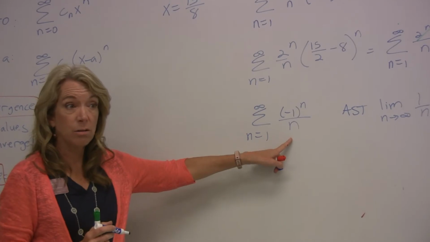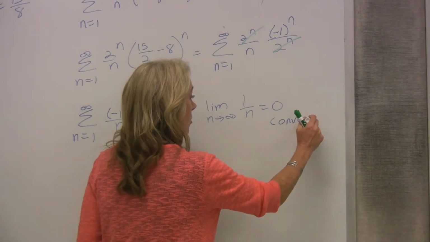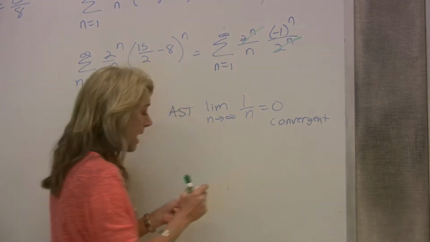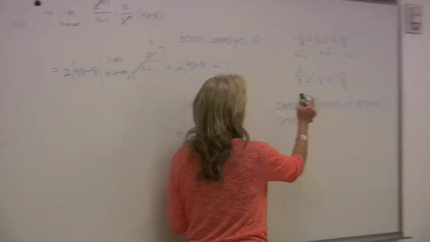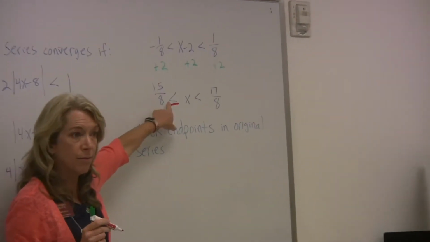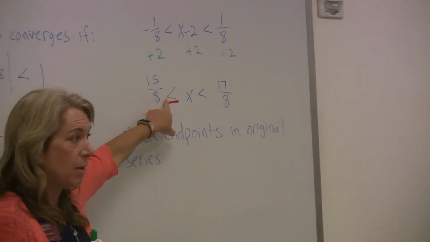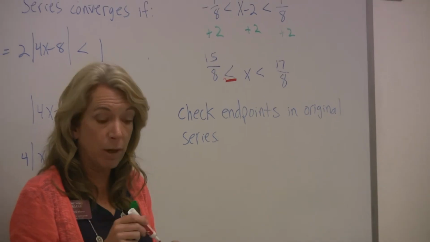So it's convergent. That tells me right away that x could actually equal 15 over 8. That's affecting my interval. I'm allowed to go 1/8 the way, but I could actually make it equal that endpoint.